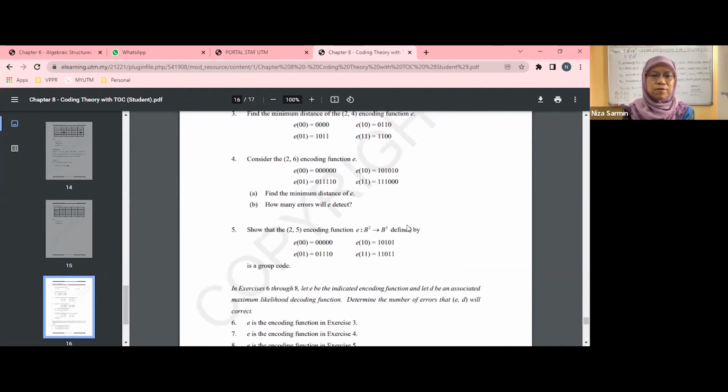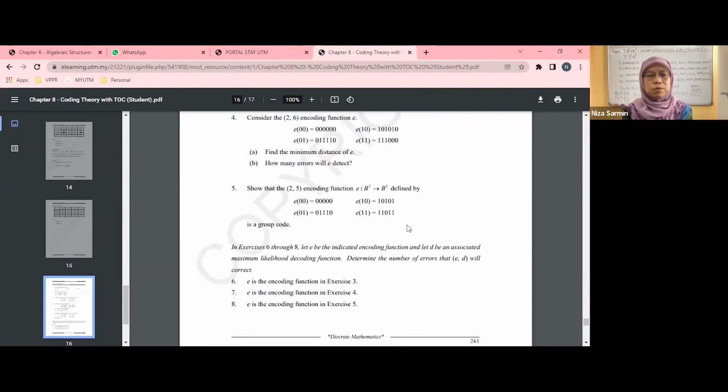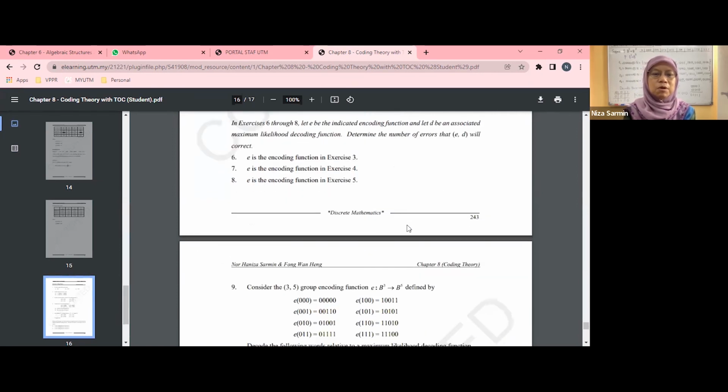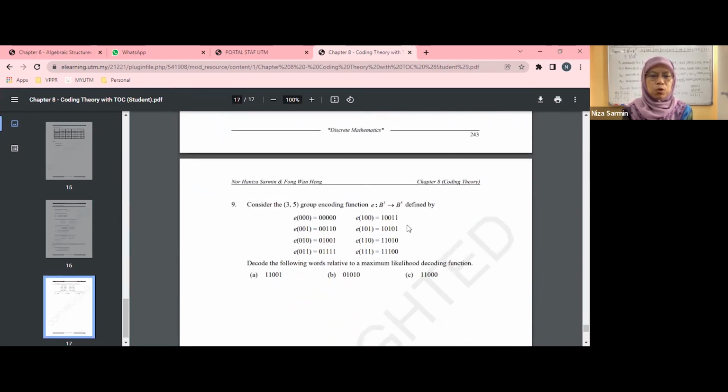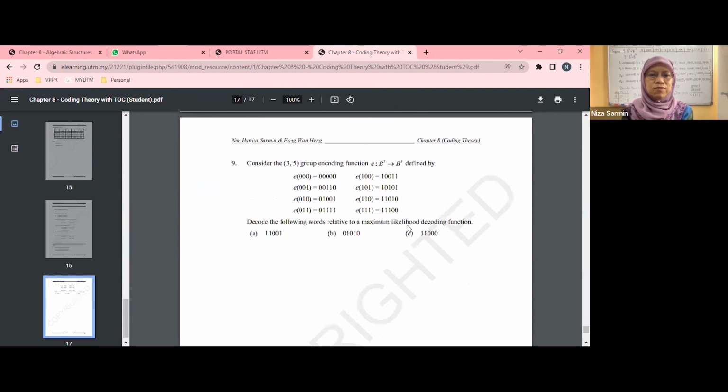Number 5, just now in the first part, we put in the Cayley table and show it's a group code. And then the last one, determine the number of errors given the encoding function. Go down, number 9. You are given the encoding function and you decode the word, using the maximum likelihood decoding function. I think that's it.